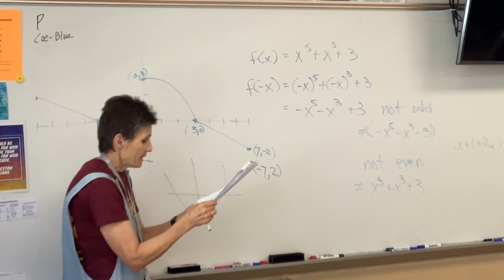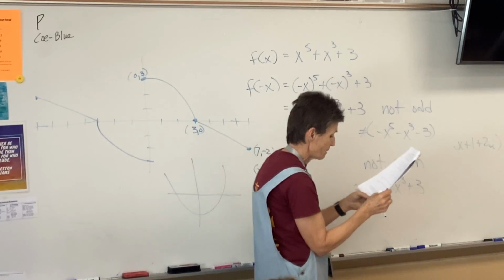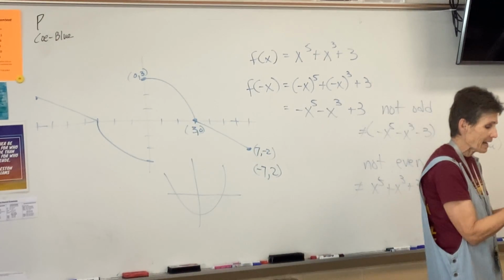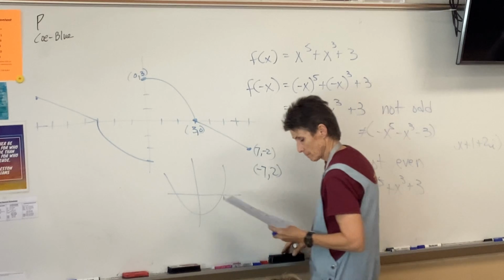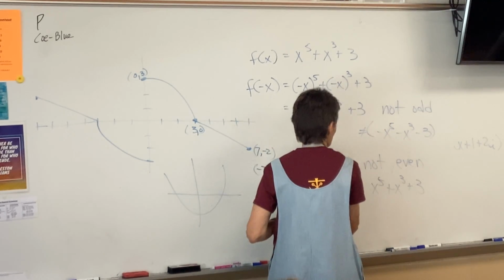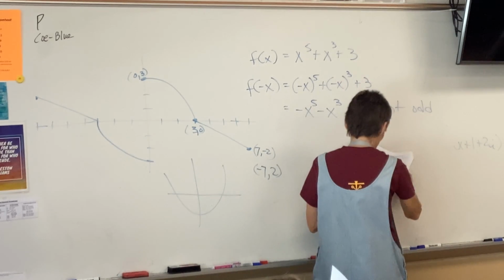If each term in a polynomial function has an even exponent, the function is even. True or false? I heard some trues and some falses. Why do you think it's true? You have to use the definition of even.